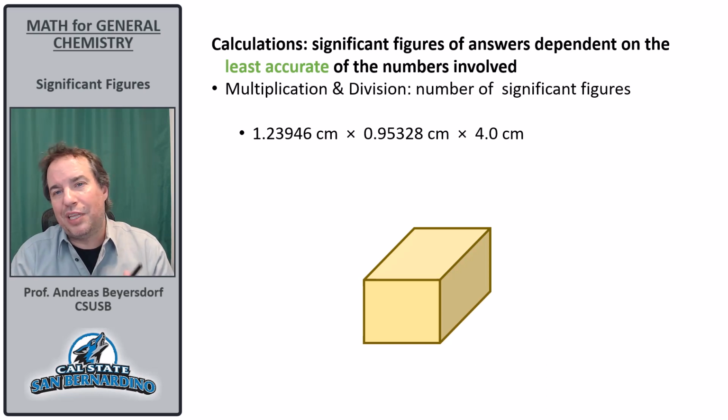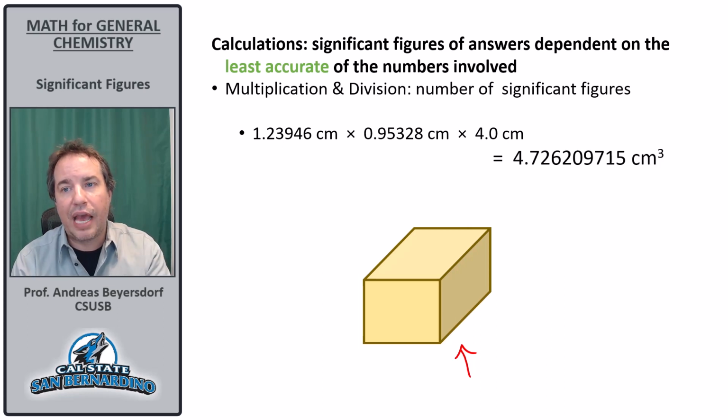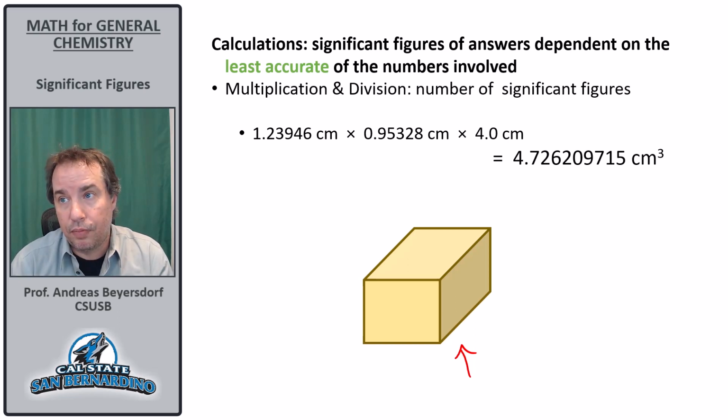This would be a measurement like if we were finding the volume of a rectangular cube. Okay, so in this case, we do put it in our calculator, and we get 4.726209715 centimeters cubed. Well, that's what our calculator says.